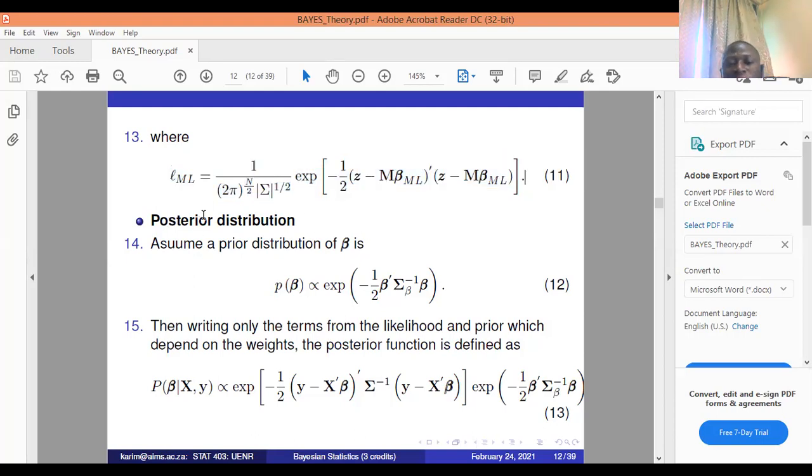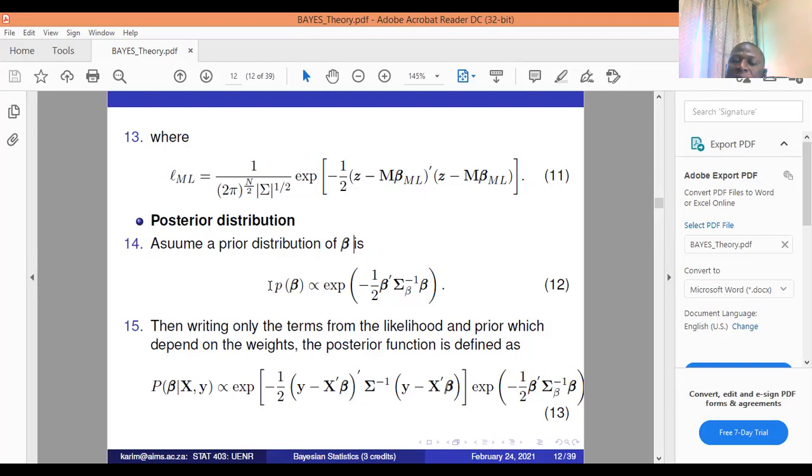What we are looking for is the posterior distribution. So we assume a prior distribution for the parameters, and we are using the conjugate prior for the normal distribution, which is the normal prior.